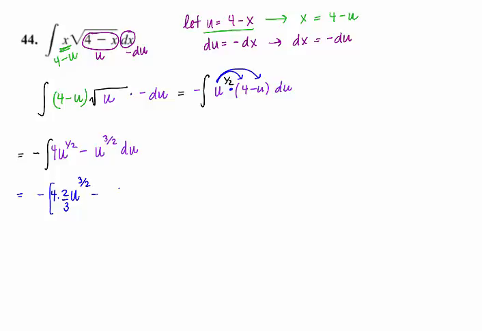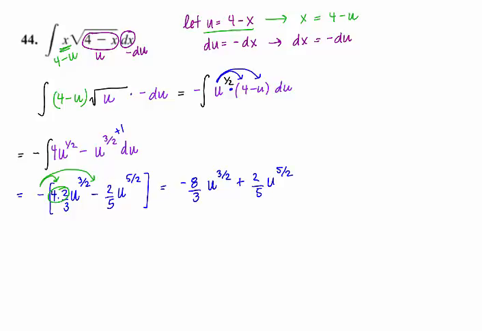Then minus u to the power 3/2 goes up 1, that's to 5/2, multiplied by the reciprocal 2/5. And we're almost done. We can clean up by distributing this negative through. I'd probably multiply the 4 and the 2 together to make an 8, and we can't call it quits until we have negative 8/3 u to the 3/2 plus 2/5 u to the 5/2.